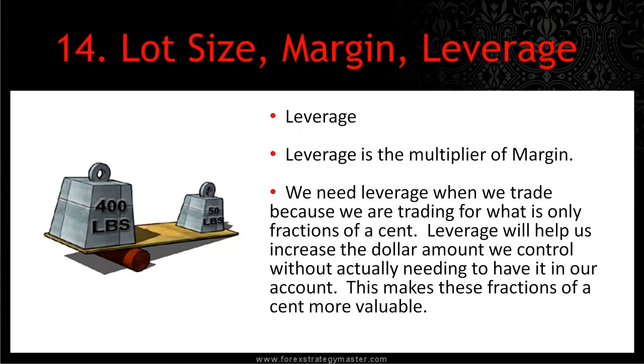Leverage. Leverage is the multiplier of margin. We need leverage when we trade because we are trading for what is only fractions of a cent. Leverage will help us increase the dollar amount that we control without actually needing to have that dollar amount in our account. This makes these fractions of a cent more valuable.